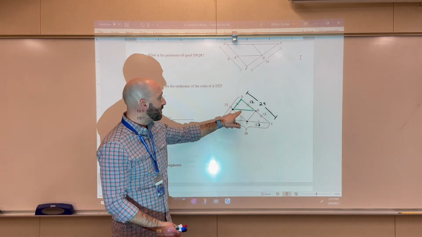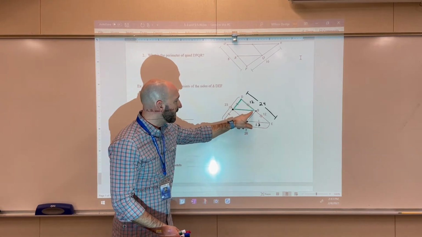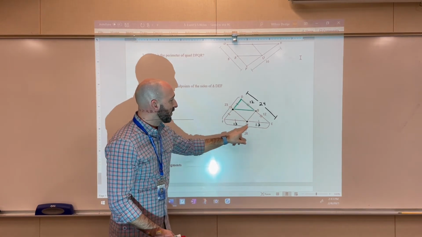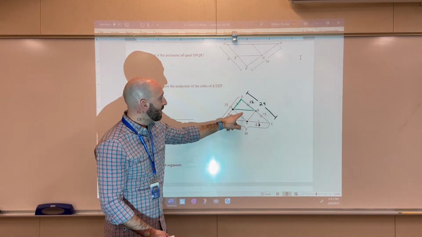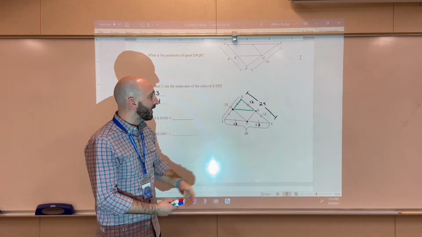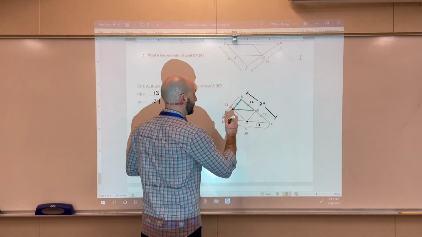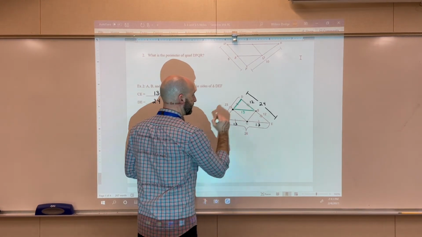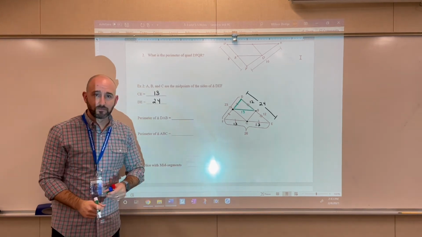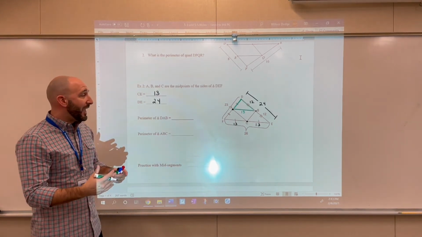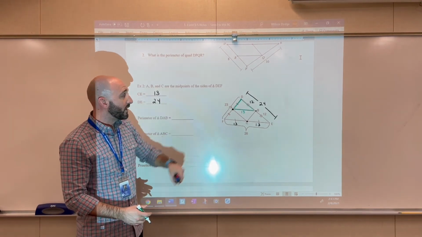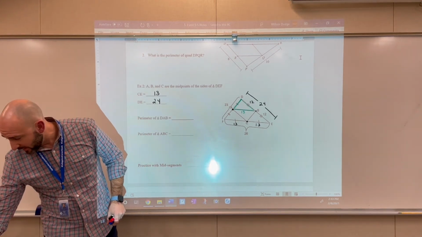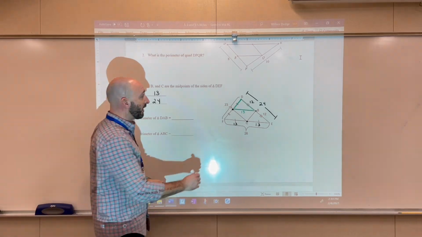So we'll find AB first. So if we look, AB is a midsegment, and the third side that it is parallel to has a length of 26. So that means that AB has to be half the length of that, which would be 13. Now AD, okay, that is going to be half the length of 23. So in this case, that would be 11.5.